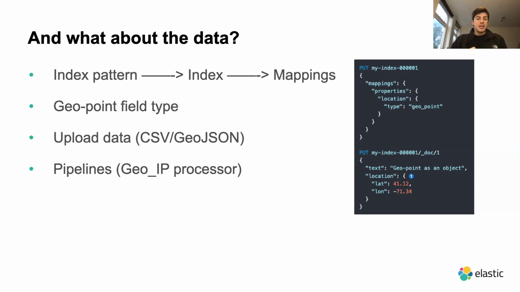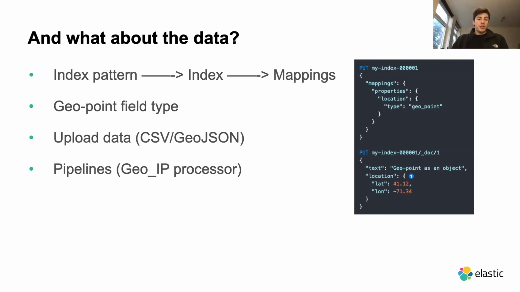So you don't necessarily need to create geopoints by indexing data in different ways. You can just upload CSV, upload GeoJSON, and then instruct Elasticsearch how to transform that data in a format of geopoints to be used by geoqueries and, of course, Elastic Maps.